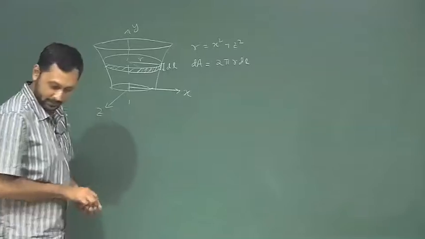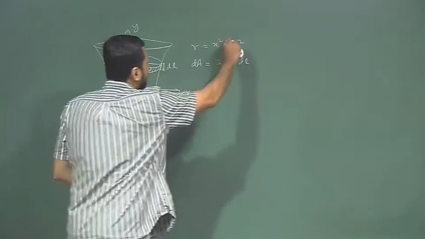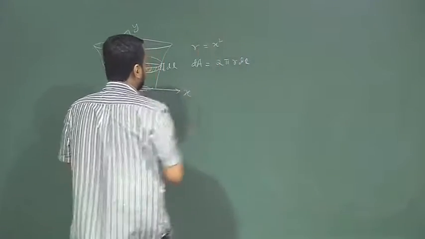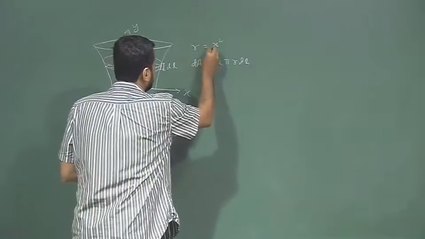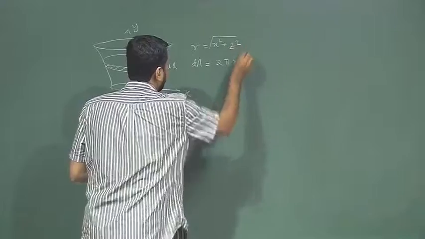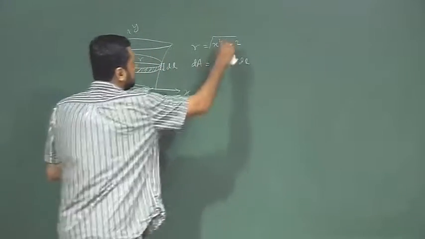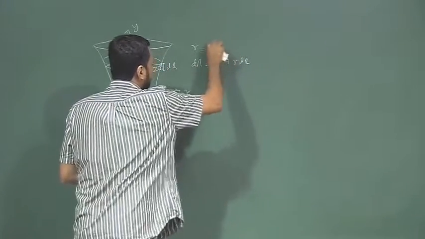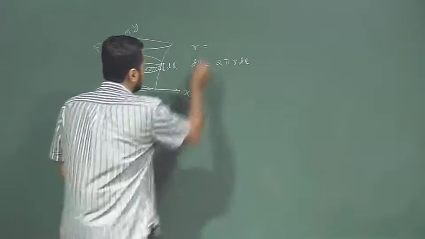If you do that, then you immediately see your r square will be simply x square. R, sorry, there will be a root here. It was root of x square plus z square, which will reduce to simply root of x square, which is nothing but x.